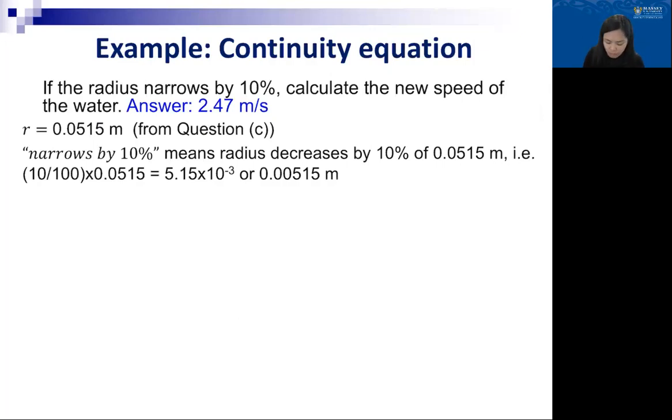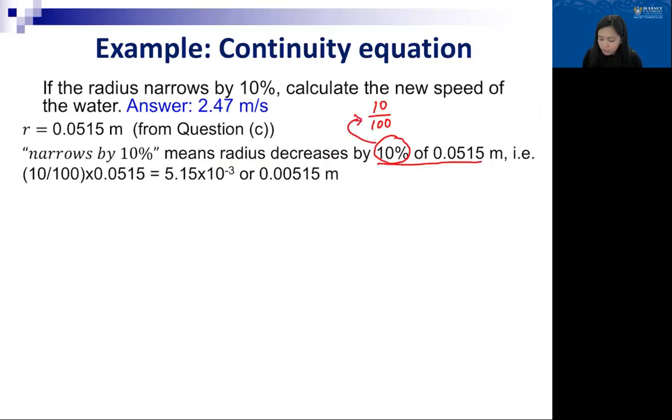Narrows by 10% means that the radius decreases by 10% of the original radius, right? Okay, narrows by 10% means that the original radius decreases by 10% of whatever it is. If you put 10% of 0.0515 in equation form, 10% also means 10 divided by 100.